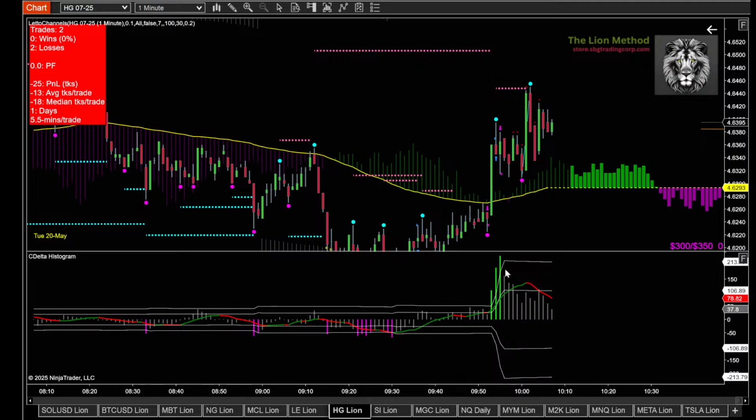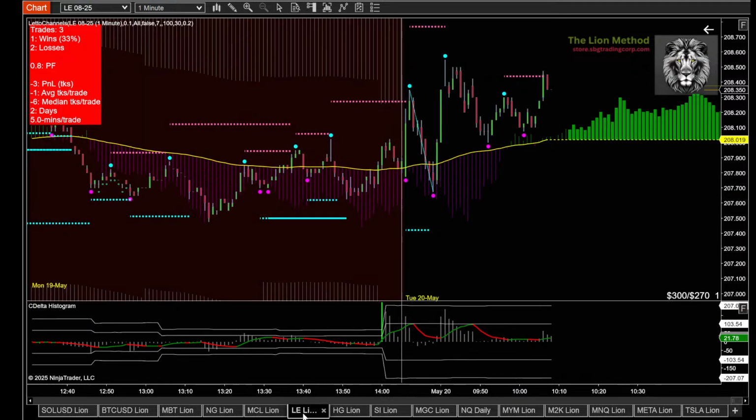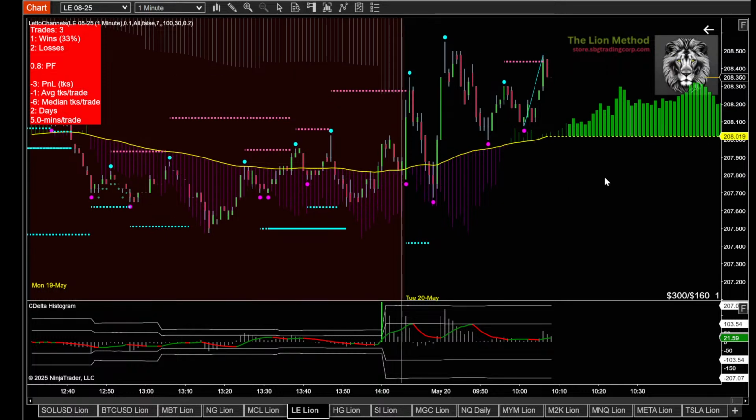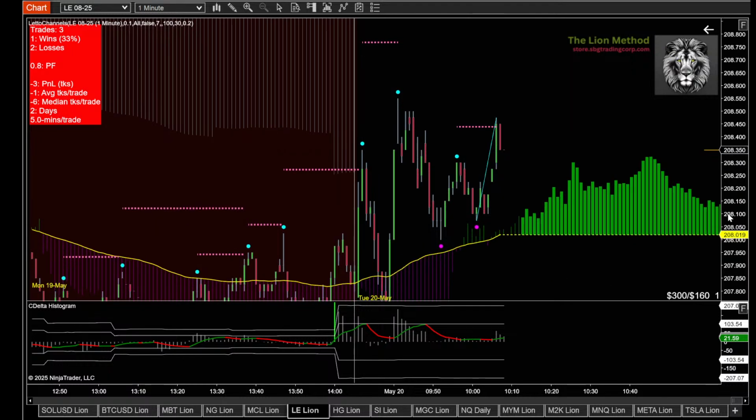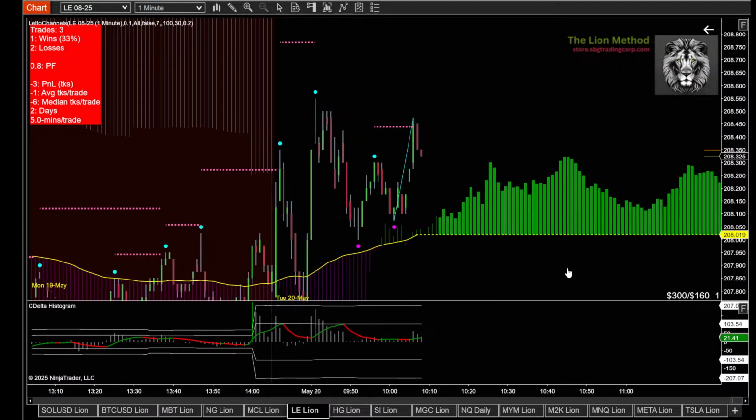Sell pressure here. Setting up a trend trade here.